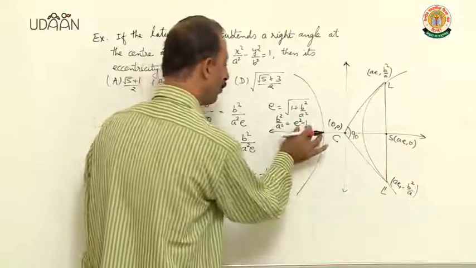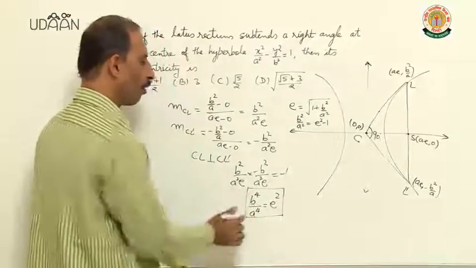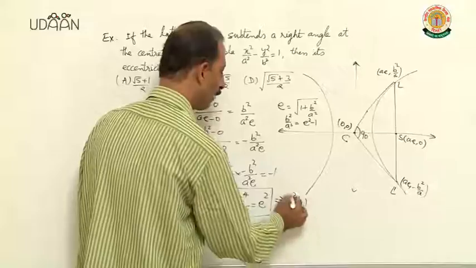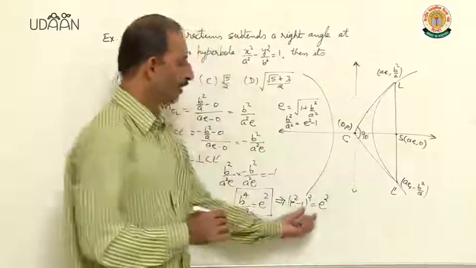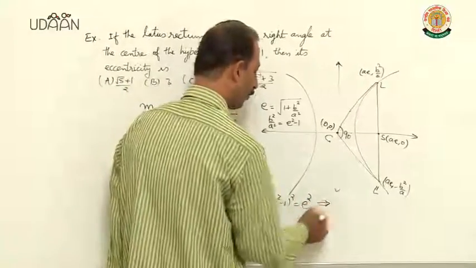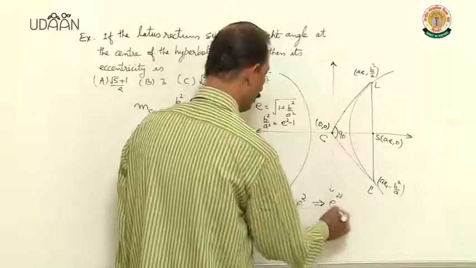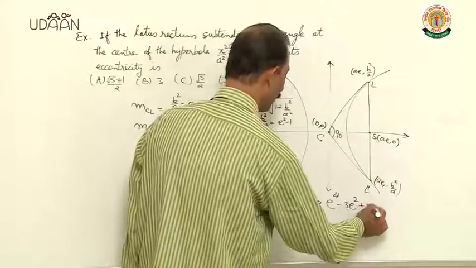This value I am substituting over here. So b raised to power 4 upon a raised to power 4 becomes (e square minus 1) whole square, that will be equal to e square. Simplify this equation. You will get an equation of e in power 4. e raised to power 4 minus 3 times e square plus 1 equal to 0.